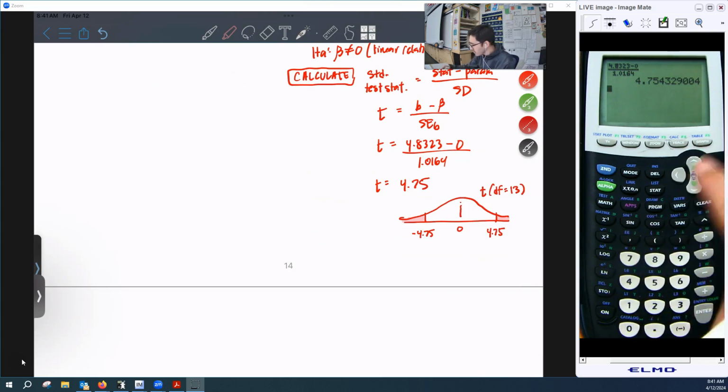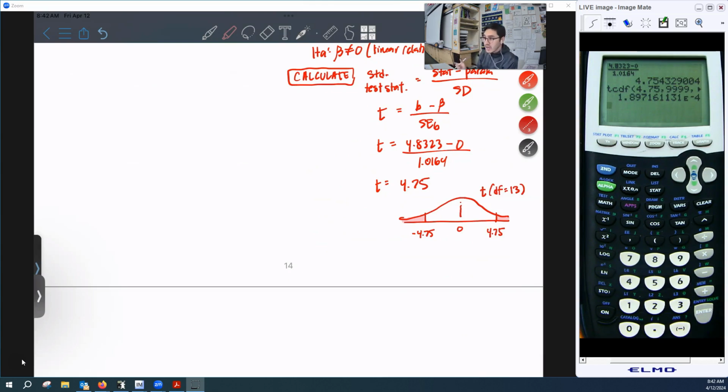All right, I can find this on the calculator, right, because it's a t-distribution. I can use tcdf. Let's do the right tail area. So 4.75, and we'll do 99.99 with 13 degrees of freedom. Okay. So the area of just the right tail is that value, 1.89 times 10 to the negative 4.